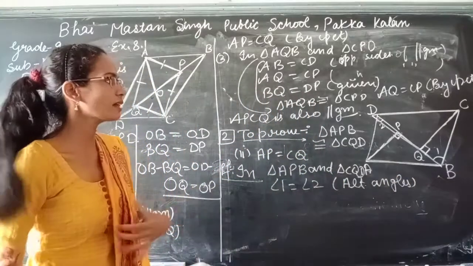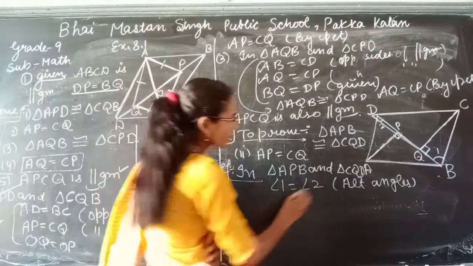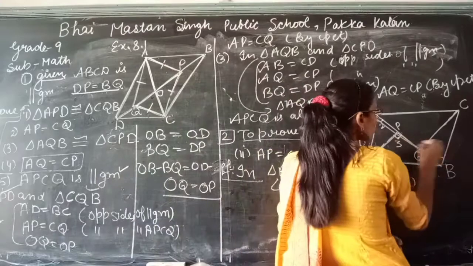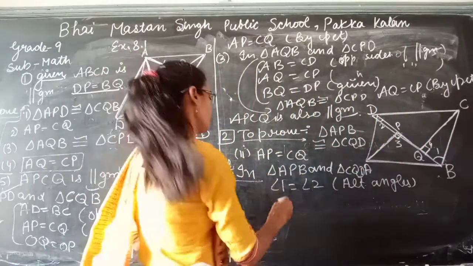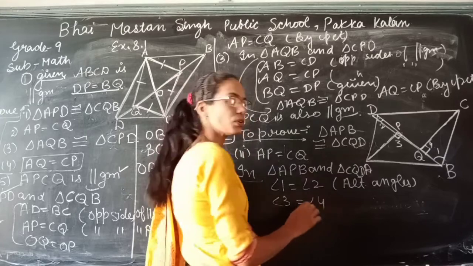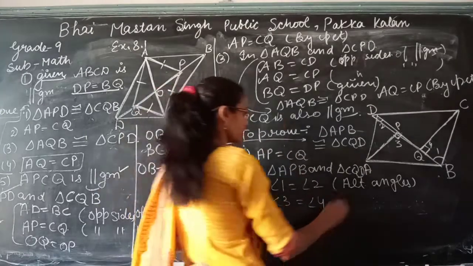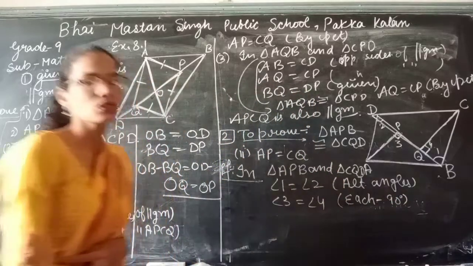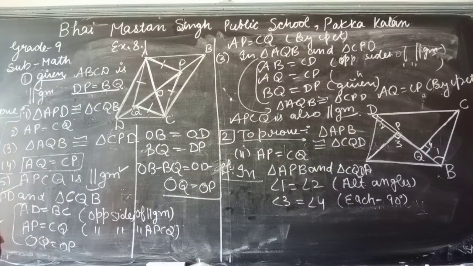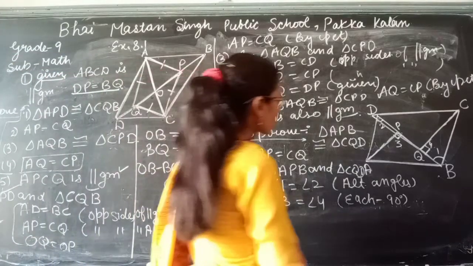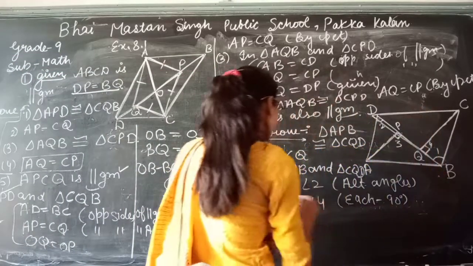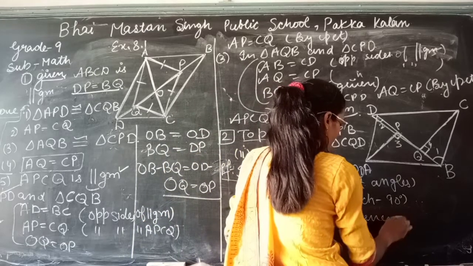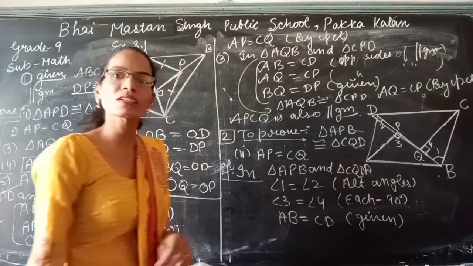Next we write here angle 3 is equal to angle 4, because each is 90 degrees. Okay ji. And next, this is given as a parallelogram, so AB is equal to CD. This is given.